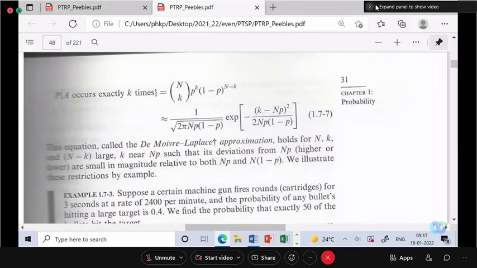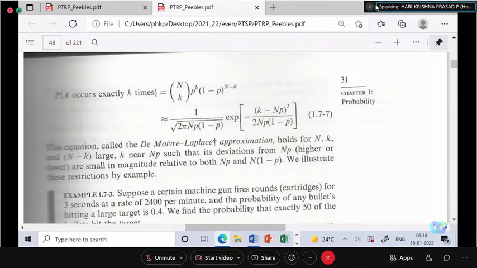Now the probability that A occurs exactly k times is given by nCk multiplied by p power k into (1 minus p) raised to power n minus k. Okay. This can be simplified to the expression given by 1.7-7. So we should remember that there is no other choice, right?